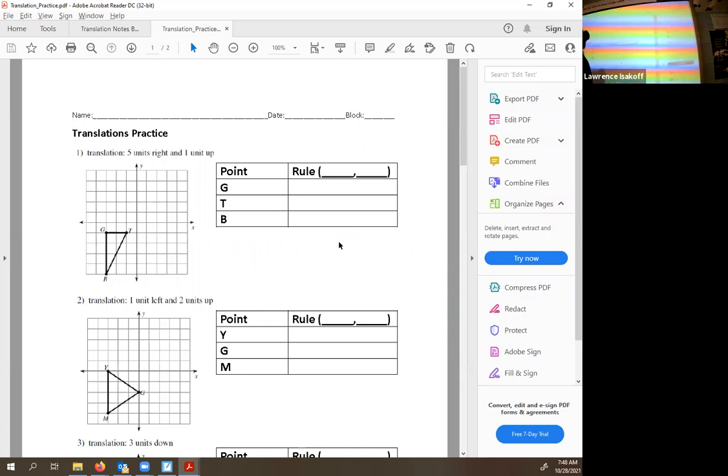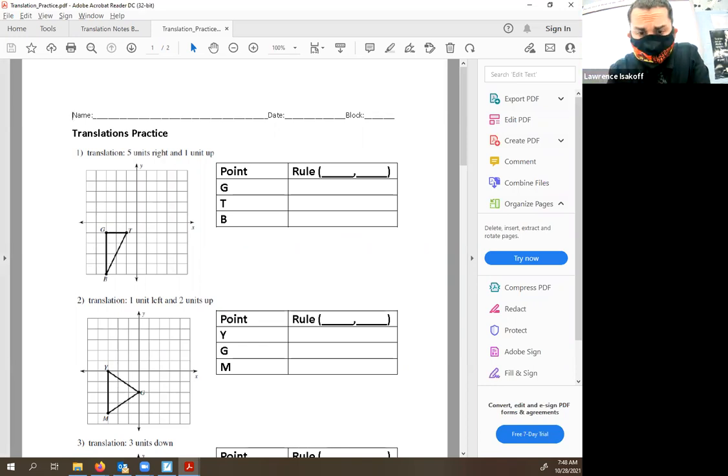I cannot tell the difference between if you wrote the rule first, added or subtracted what you needed to, got your new points, then plotted it, or if you counted over each time and then wrote your new points off of that and then wrote down the rule. So that's what I have for you today. Let me stop recording.